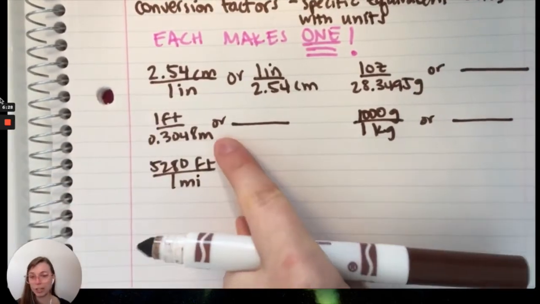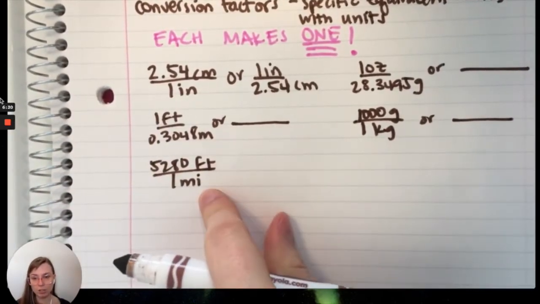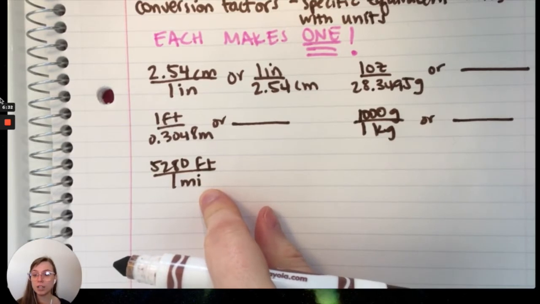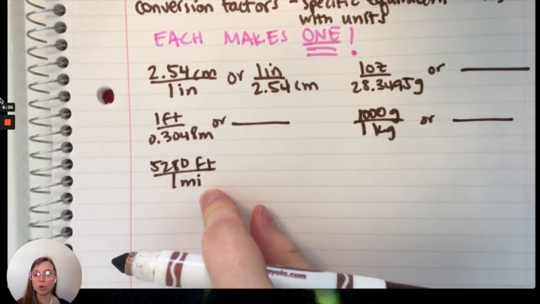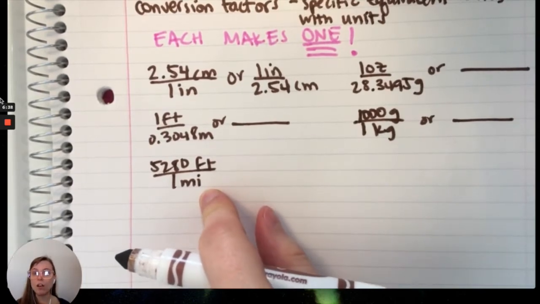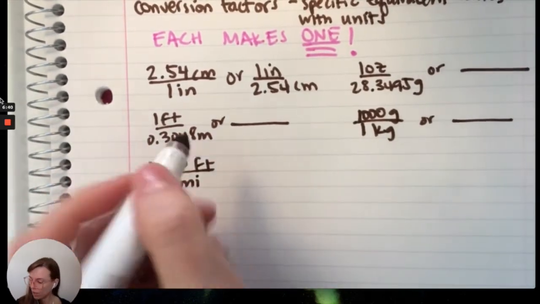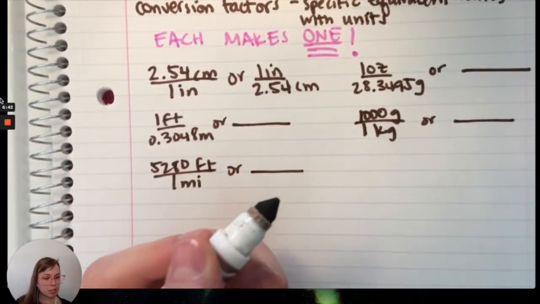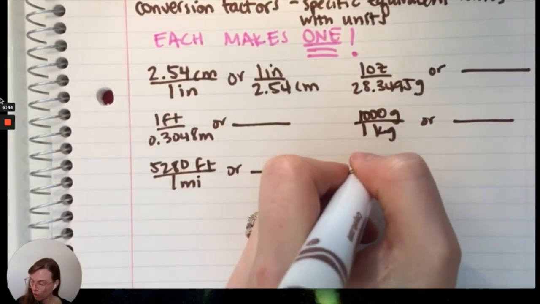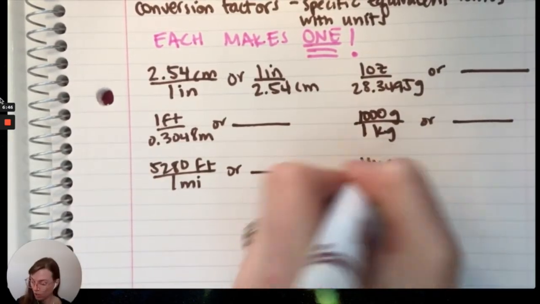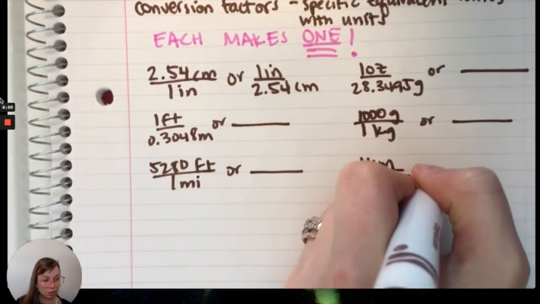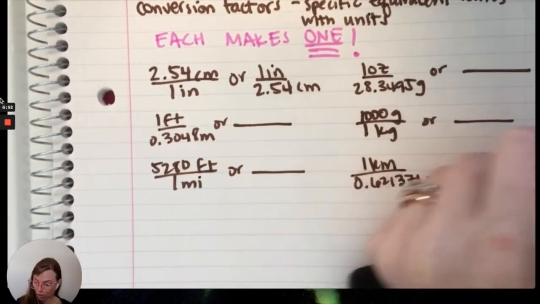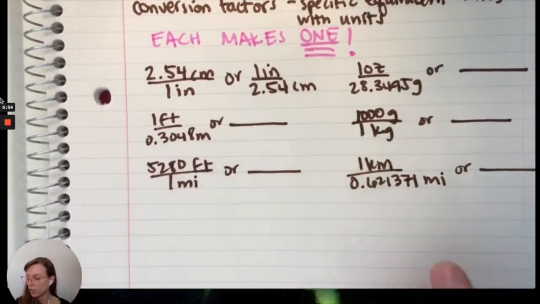Note that for meters it's just an M, miles is MI, milliliters would be M with a capital L. So make sure that you are writing the correct letters that you want for the correct unit. Or flip that, and then 1 kilometer goes to 0.621371 miles, and then complete that.